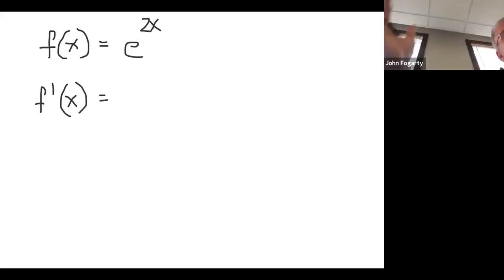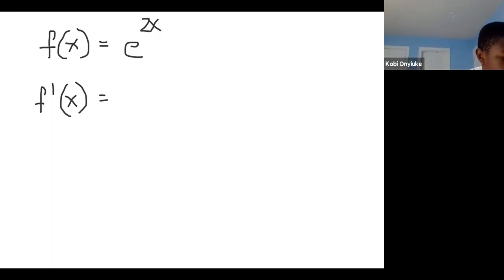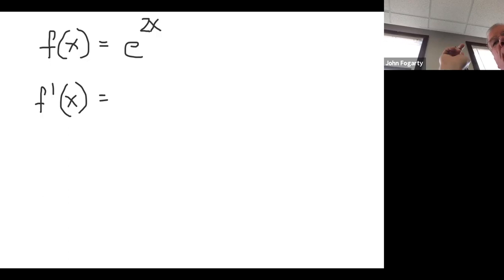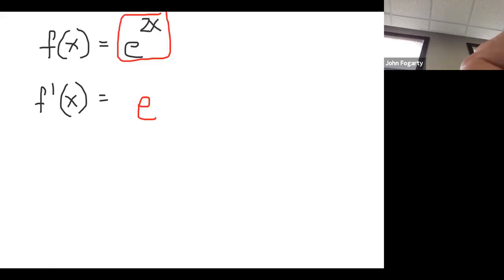What's the derivative of e to the x? It's e to the x. So all you got to do, ready, is take whatever this expression is and copy it. And then multiply it by the derivative of that expression. What's the derivative of 2x?